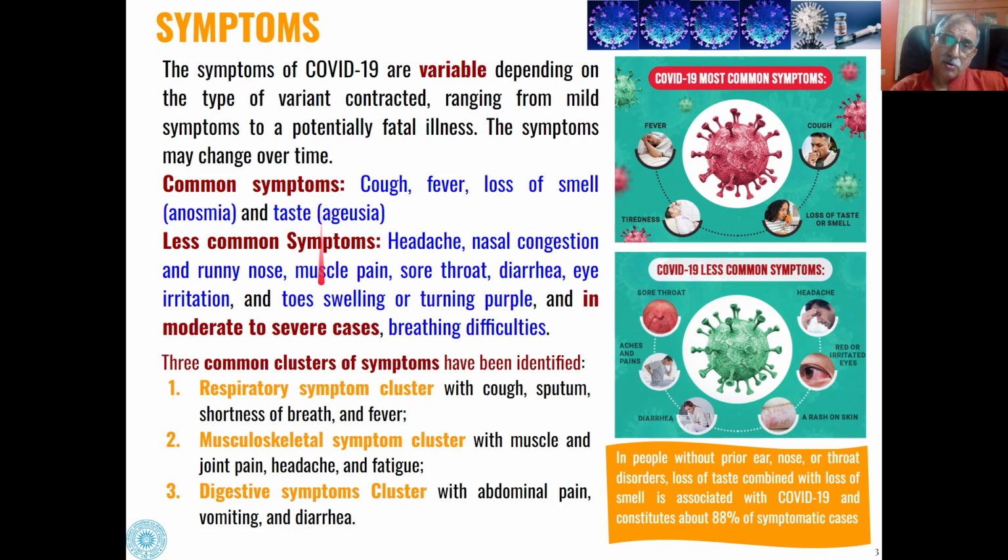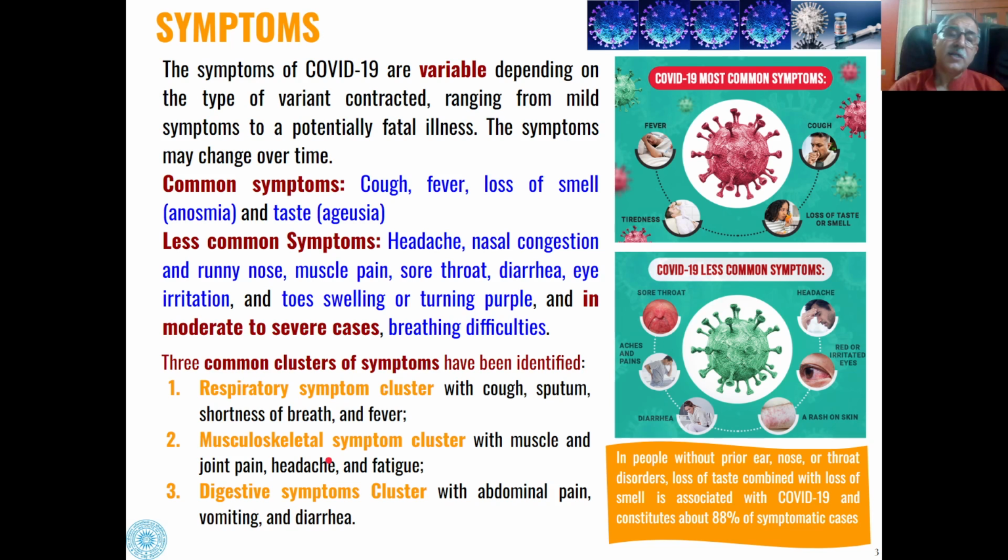So, based on all these common, less common, and moderate to severe symptoms, the common clusters of symptoms have been identified into three categories. The first category affects our respiratory system. This is called the respiratory system cluster, where the symptoms are cough, sputum, shortness of breath, and fever.